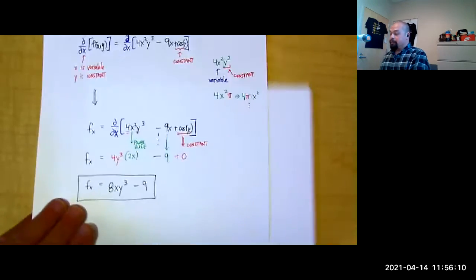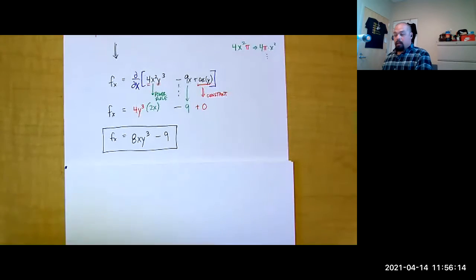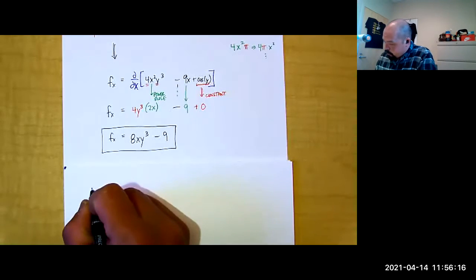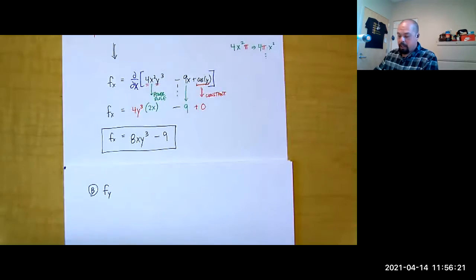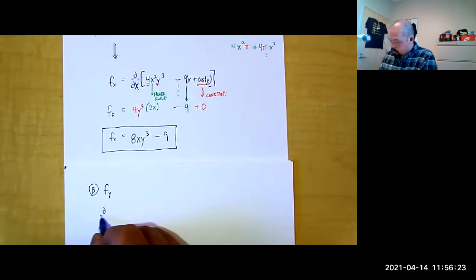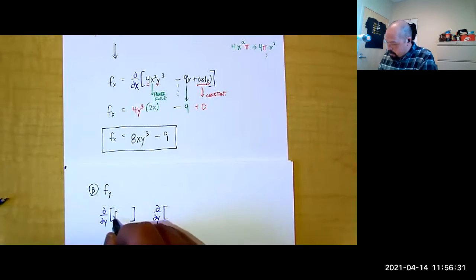All right, so let's see what this expression compares. If we're taking the partial with respect to y, right? So taking the partial of our function f of x y with respect to the y variable. Give myself some space to write here.